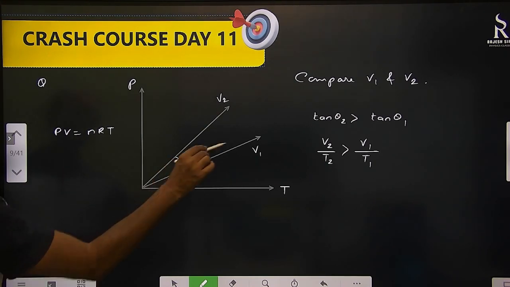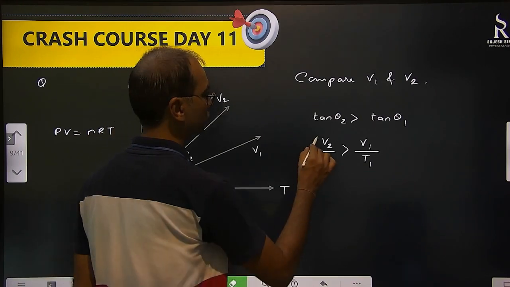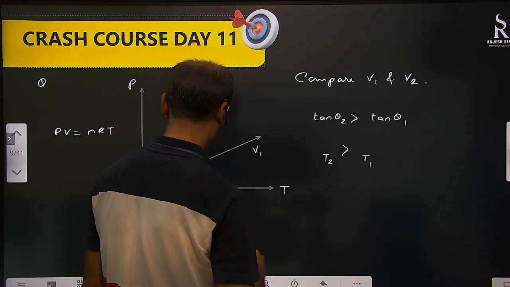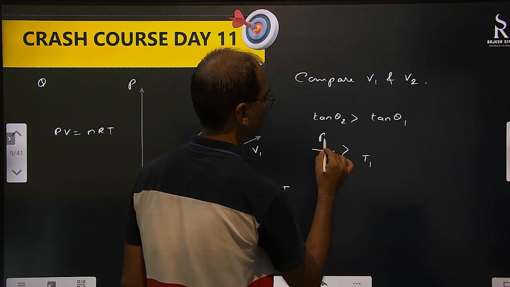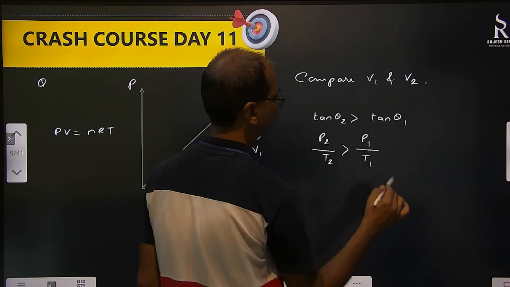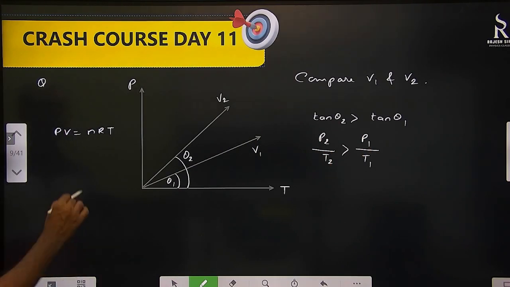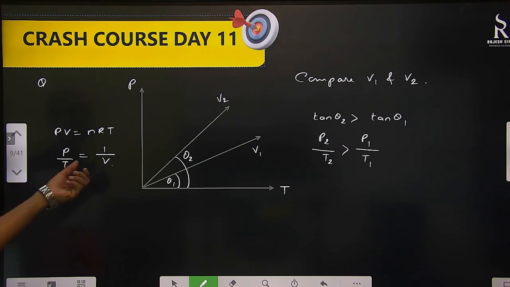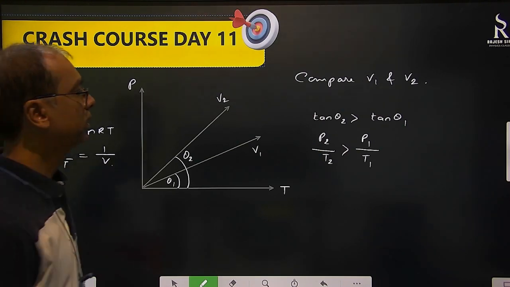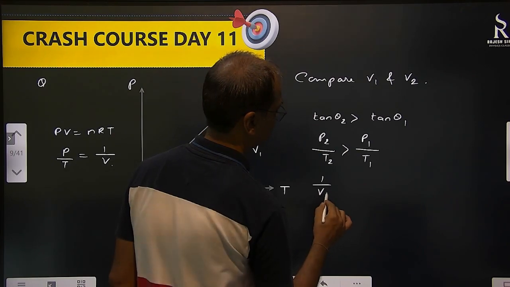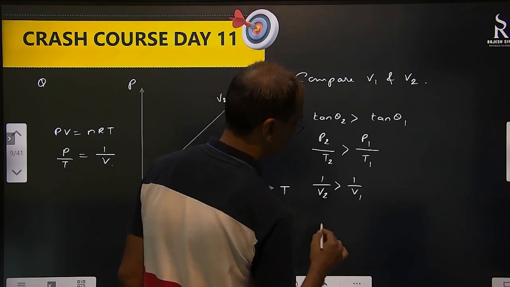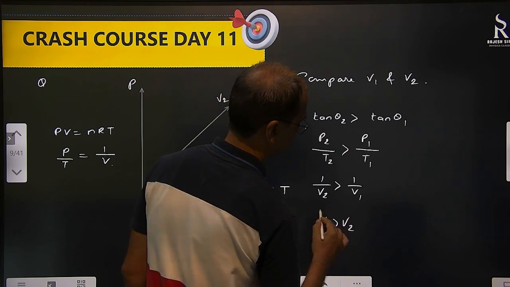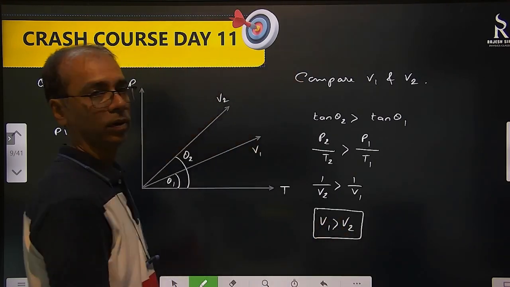So in this one, volume is constant, and P by T is actually proportional to 1 by V. P by T represents 1 by V. So P2 by T2 means 1 by V2 is greater than 1 by V1. What is the answer? V1 is greater than V2.